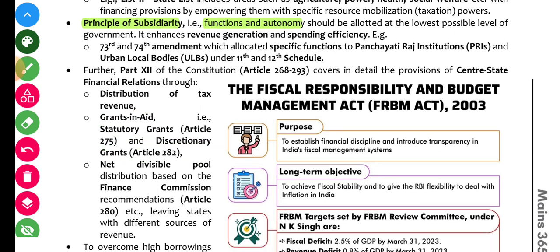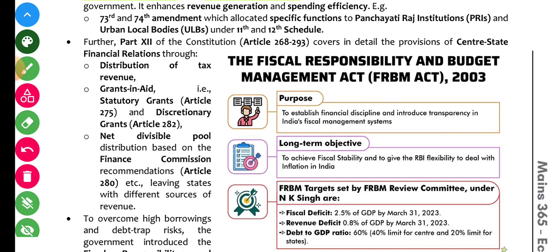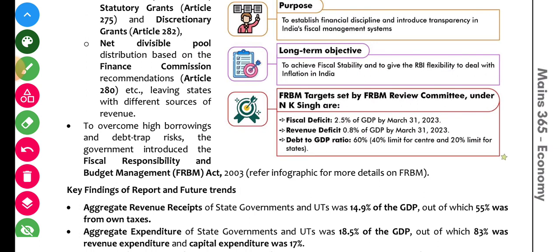So you can get confused by articles, so you can leave these articles and remember only the core part of the subject, like discretionary grants, grants in aid, what is statutory grants. Okay, so these are the important points you can remember. Net divisible pool by the 15th Finance Commission under article. This article is very important, so you can remember. Leaving states with different sources of revenue.